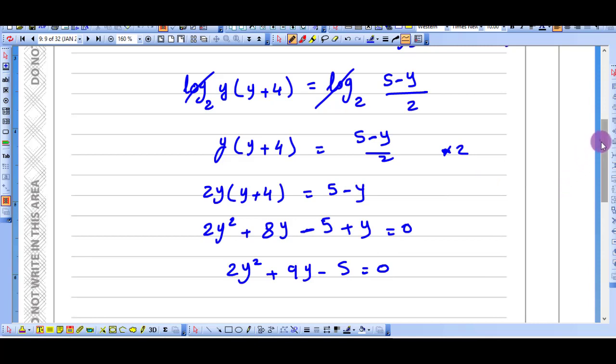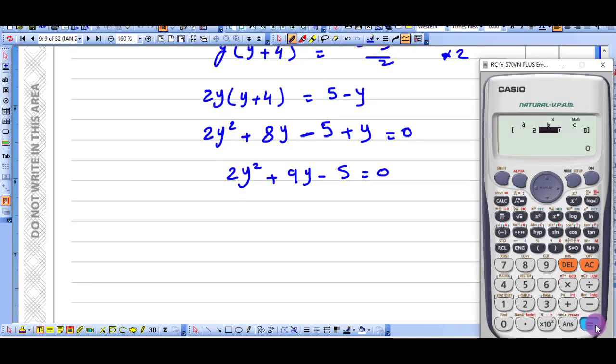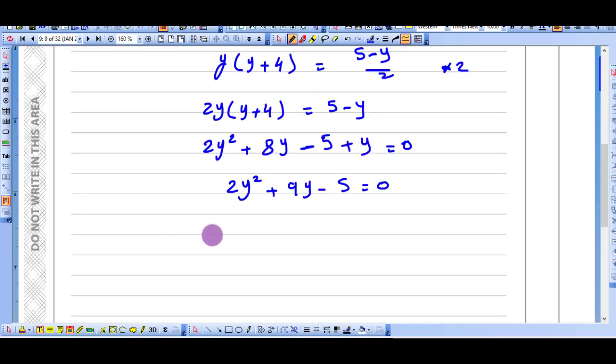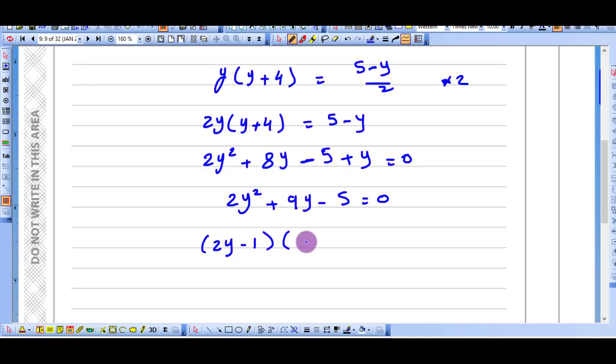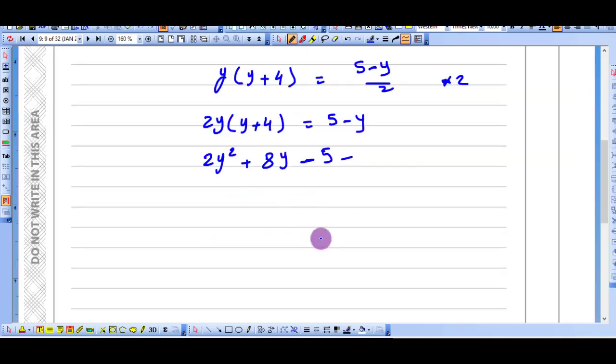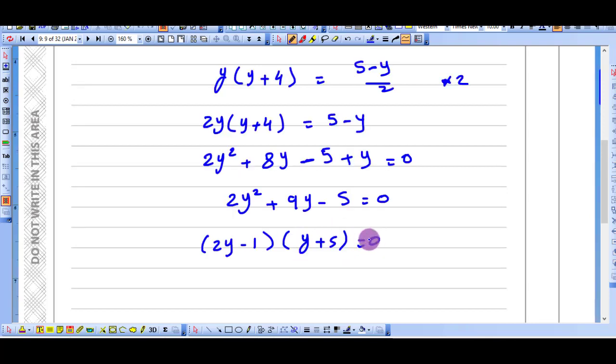Let us bring our calculator. Now we have 2, 9, minus 5. So 2y minus 1 multiplied by y plus 5 equal to 0.